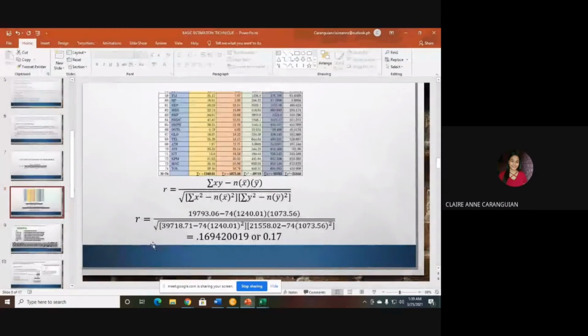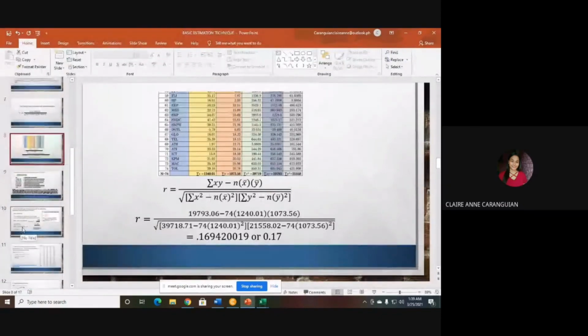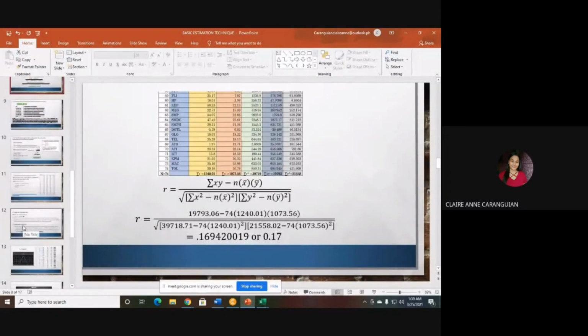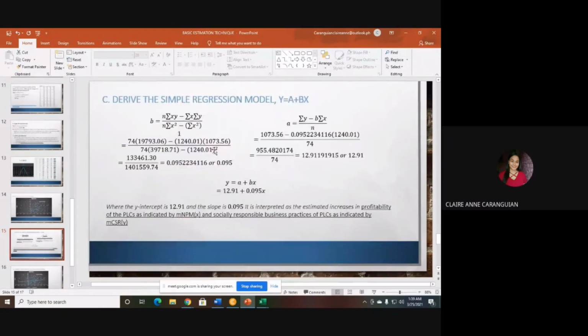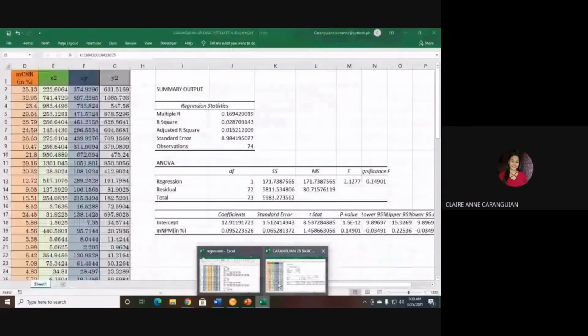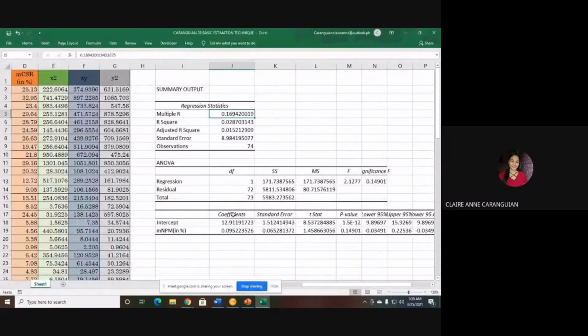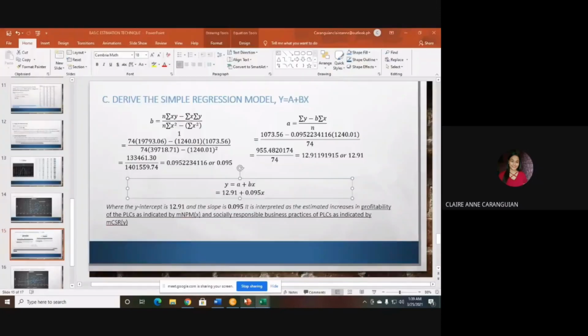Next is dito sa pag-compute ng simple regression. Di ba ang daming gagawin? Dito makikita, dito sa coefficient. Yung intercept, yung 12.911. So, ito yung A, tama? So, A. Ito yung A.